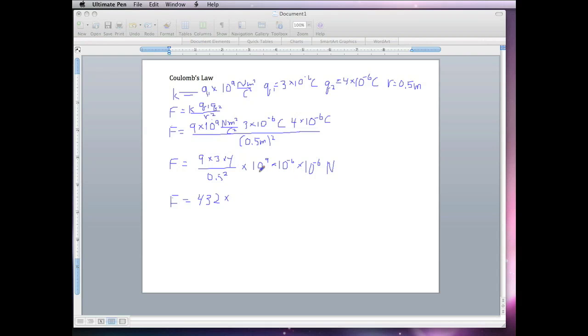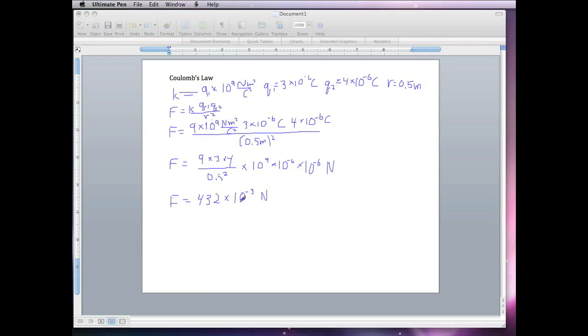You remember from algebra that if you're multiplying numbers with the same base, you can add their exponents. If you add the 9 and the negative 6 and the negative 6, you get a negative 3. So this is 10 to the negative third. And the units are newtons.